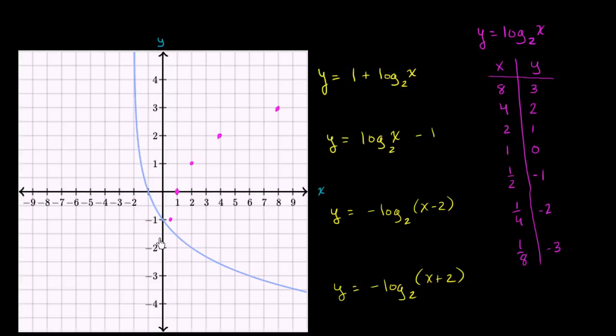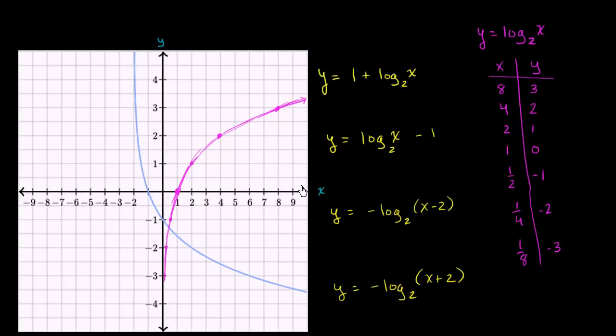When x is 1/4, y is negative 2. You see where this is going. When x is 1/8, y is negative 3. And so you have a graph that looks something like this. I'm just connecting the dots. And this is the behavior that we would expect.